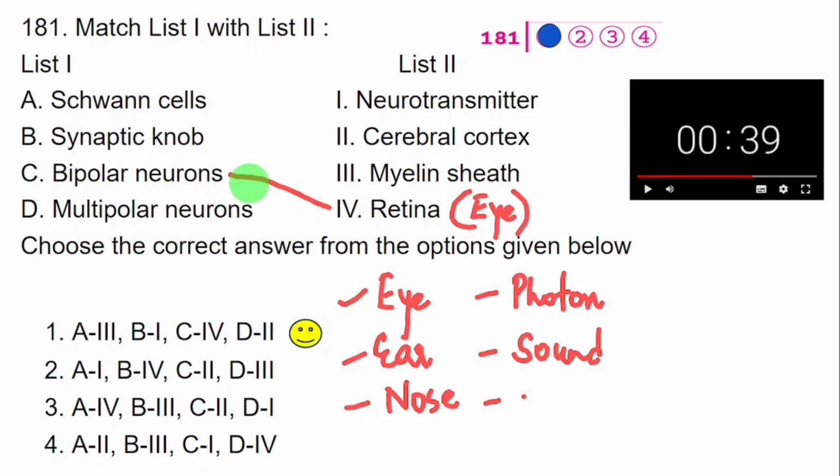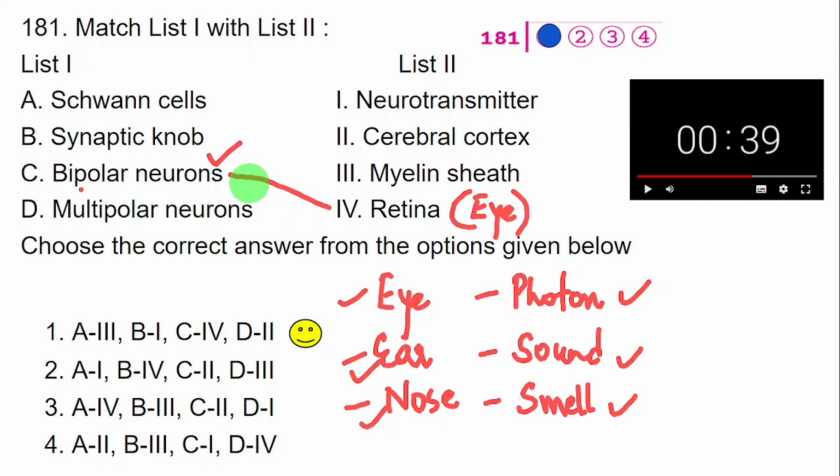And third, nose. There are chemicals which have the smell signal. These are unique stimuli, and for receiving these signals, we have dedicated neurons which are called bipolar neurons. In the textbook, only retina is mentioned, but they are also present in ear and nose. They are very small neurons, and they help in receiving the signal and then transmitting it further onto the other neurons. So this is what you have to remember.